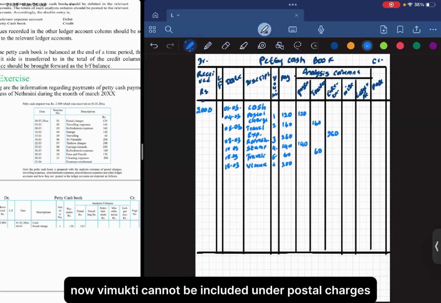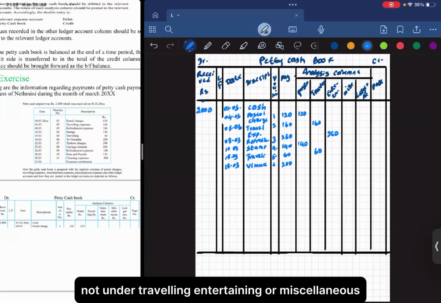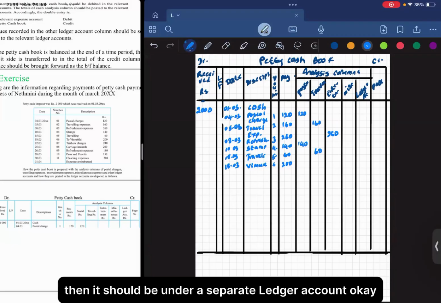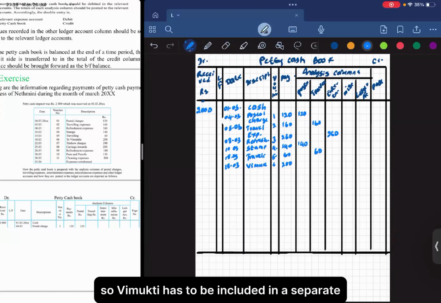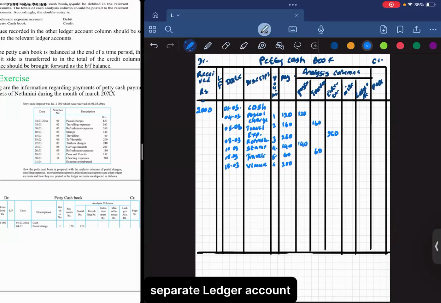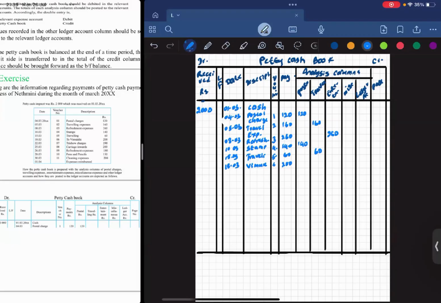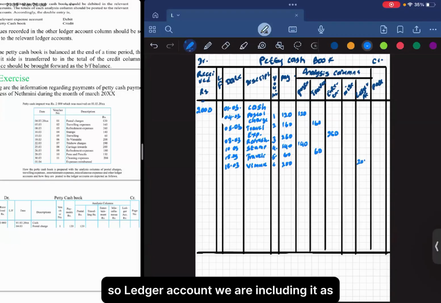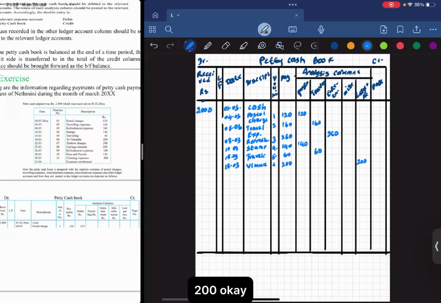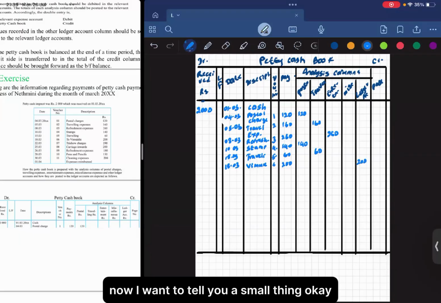Now Vimukti cannot be included under postal charges, traveling, entertaining, or miscellaneous. Then it should be under a separate ledger account. So Vimukti has to be included in a separate ledger account. So in the ledger account, we are including it as 200.